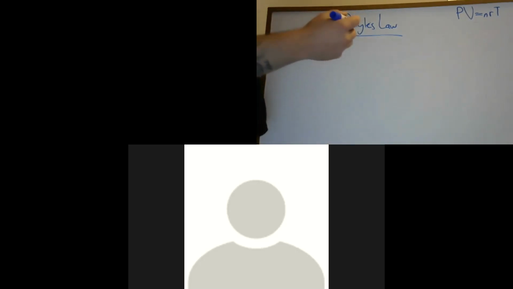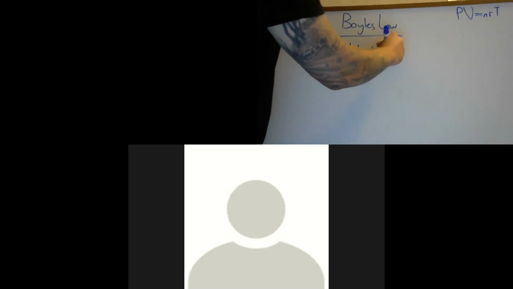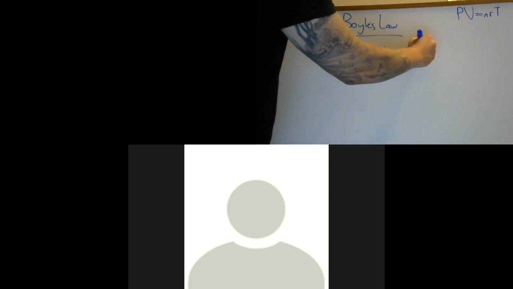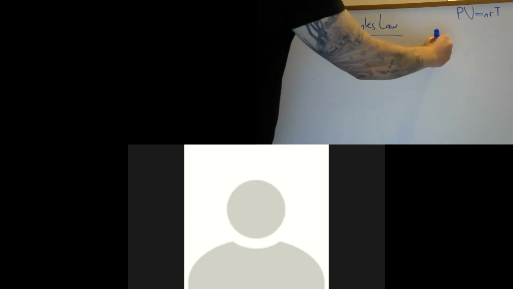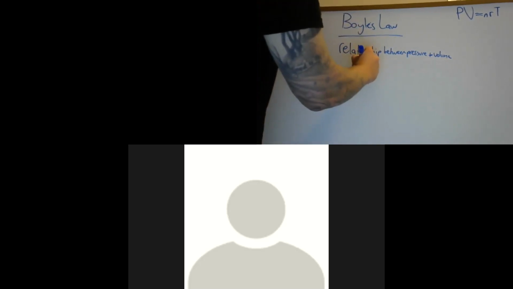So this is the relationship between pressure and volume. What he discovered was that this relationship was an inverse relationship.